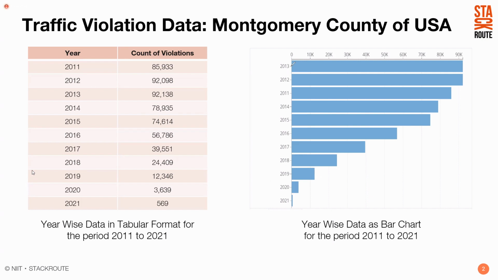Have you noticed this? The maximum violations happen in the year 2013 and then 2012. The least happen in 2020 and 2021. So we can come to a conclusion in analysis stating that whatever rules were imposed in 2020 and 2021, we need to continue the same, and we are all on track.